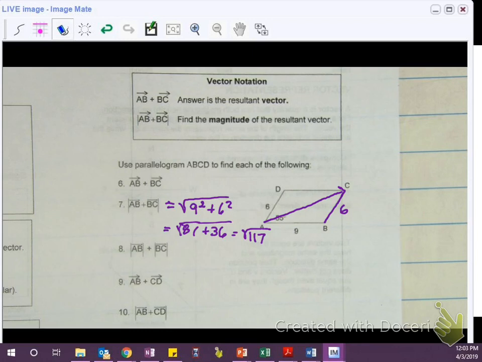Okay, when you're adding vectors, your answer is a vector. So A to B and from B to C, in the right place, is A to C. Then this is not correct for number 7.